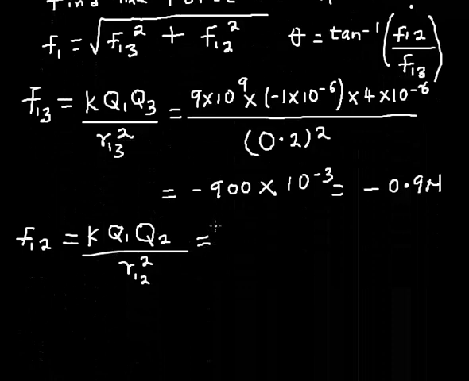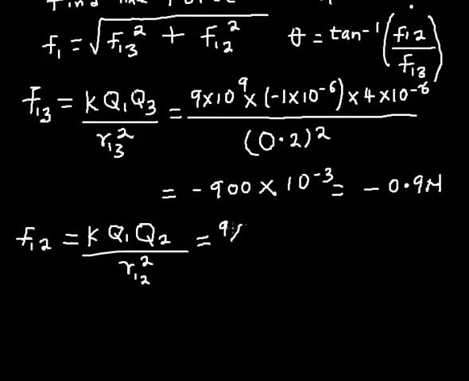So let's put our values. There's going to be 9 times 10 raised to the power of 9, then multiply by Q1, which is minus 1 times 10 raised to the power of minus 6. Then Q2 is 2 times 10 raised to the power of minus 6.